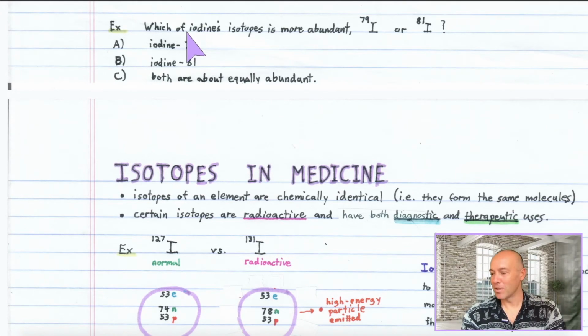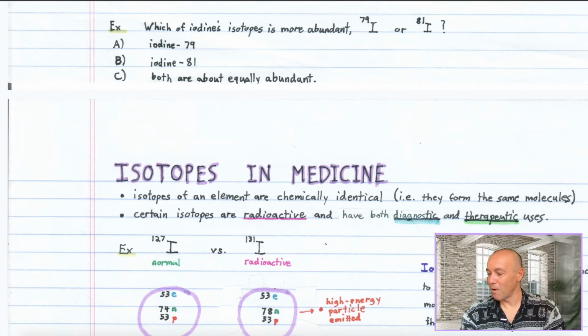So imagine this problem says, which of bromine's isotopes is more abundant, bromine 79 or bromine 81? Okay, so here are the three choices: bromine 79, bromine 81. Sorry about the mistake.